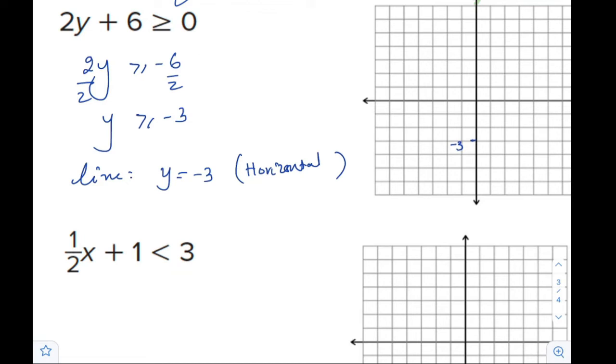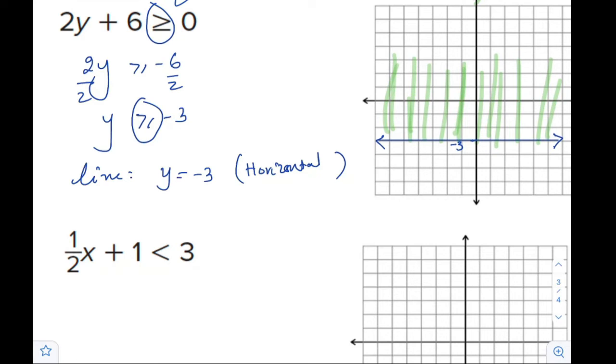Shall it be solid or dashed? It will be solid because there is greater than or equal. So it will be a horizontal line passing through minus 3. And now, since y is more than or equal to minus 3, my shading should be above the line. You can check with any test point.